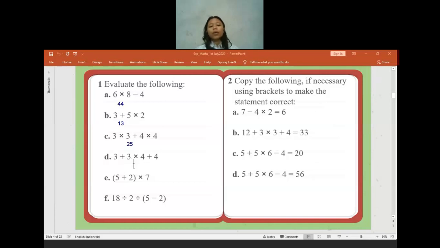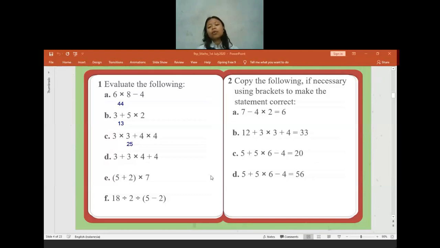Okay, for question 1D, what is the answer? What page? Page 28. I told you we are going to discuss student assessment 1 and student assessment 2.